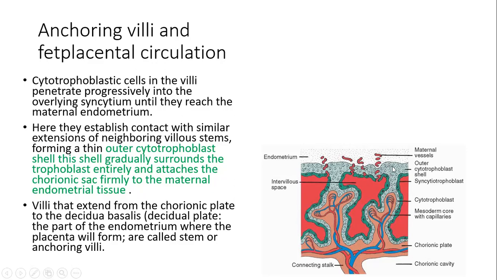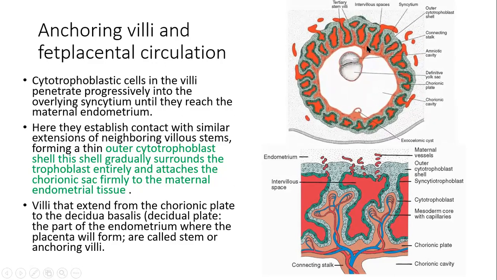Here they will establish contact with the similar extensions of the neighboring villus stems and form a thin outer cytotrophoblastic shell. This shell gradually surrounds the trophoblast entirely and attaches the chorionic sac firmly to the maternal endometrial tissue.